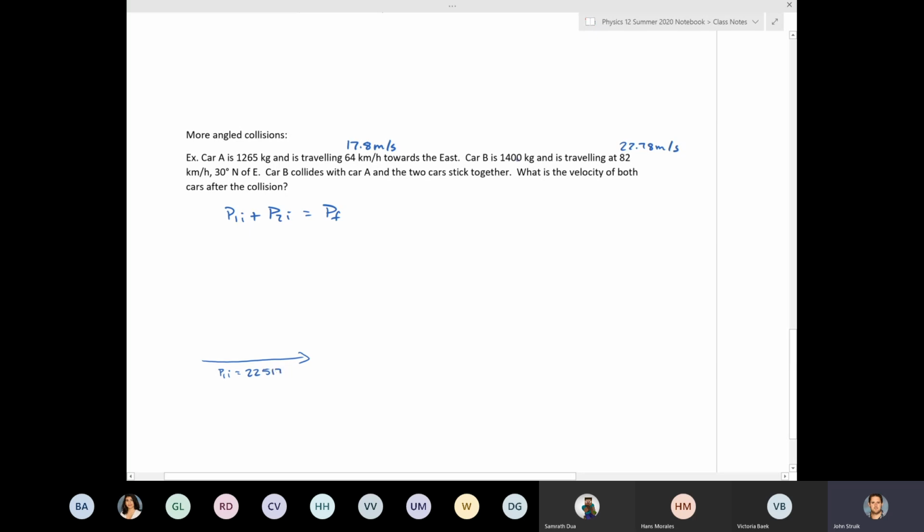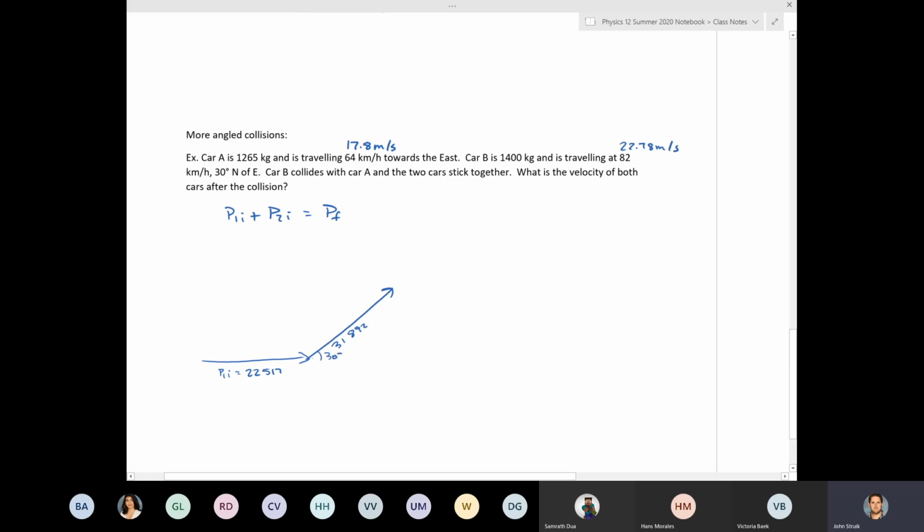And then I'm adding the next car's momentum. That one's going to look like this. This is going to be 1400 times 22.78, which is 31,892. And this is 30 degrees.